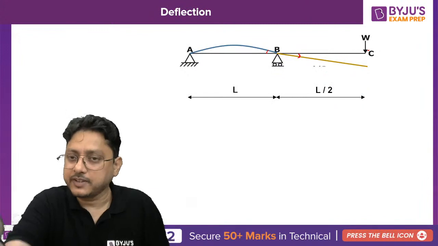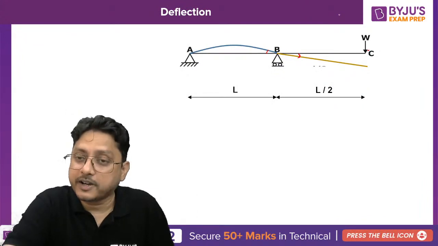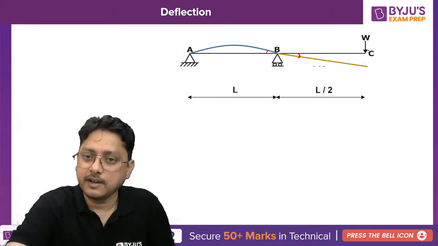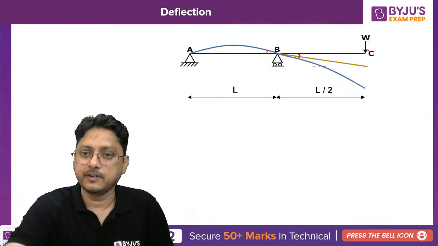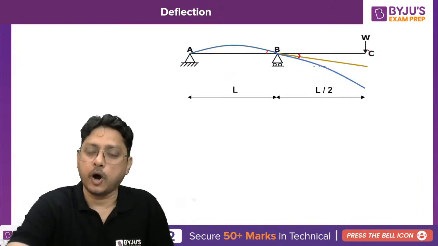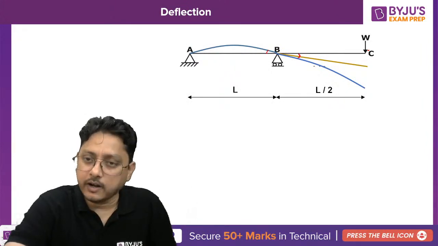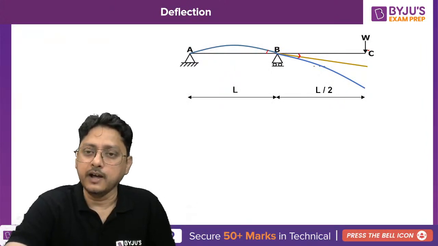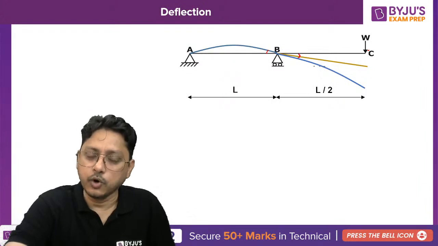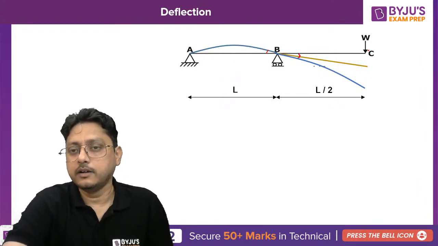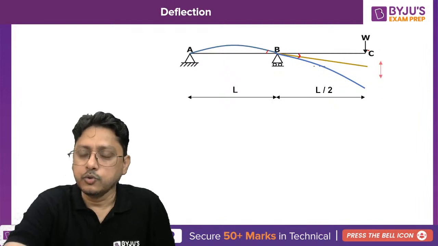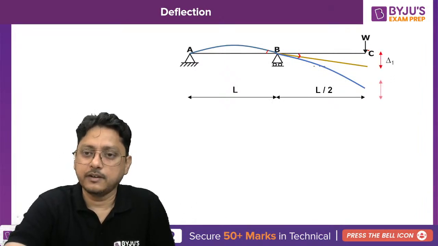After that, I will consider my load over C, and then bend my beam. So two types of deflection you will observe here: one only due to the rotation at joint B, and another due to the concentrated load acting at position C. So we have two deflections now. Is it clear?